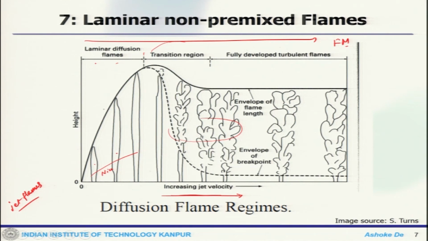Laminar is very calm, quiet, things are nicely balanced, and you get to see a nice flame structure. You increase velocity beyond a limit, you get to see this transition zone, where the flame structure becomes quite chaotic. There would be an envelope of breakup point, there will be an envelope of the flame length, and if you increase further, you are in a completely turbulent zone. That means it is a pure chaotic structure of the flame front.